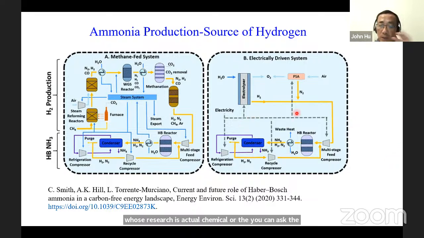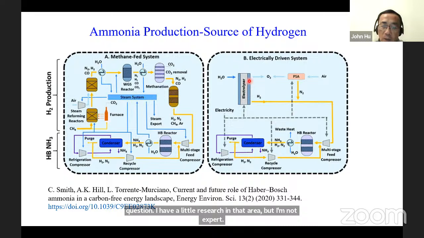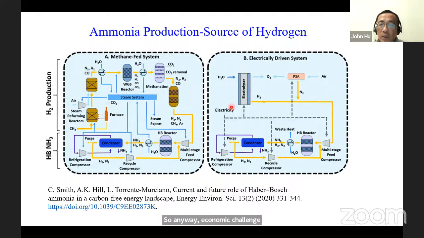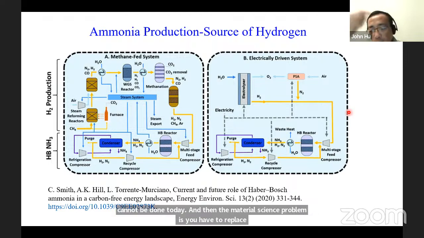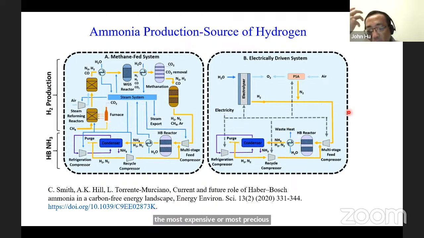So anyway, the economic challenge and the scale-up challenge. Scale-up means you have to scale up the electrolyzer from the engineering side to match the Haber-Bosch. That cannot be done today. And then the material science problem means you have to replace the most expensive, most precious metals on the cathode side in order to do massive production of electrolyzers.